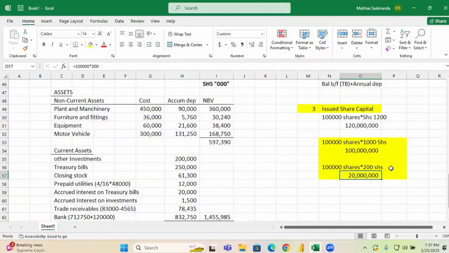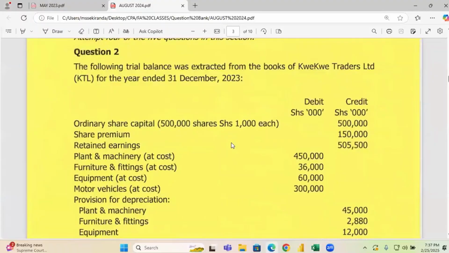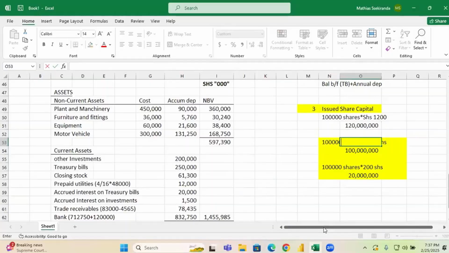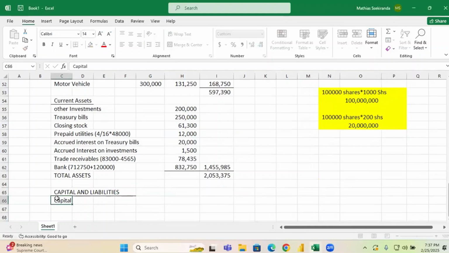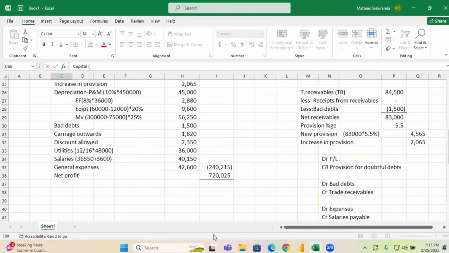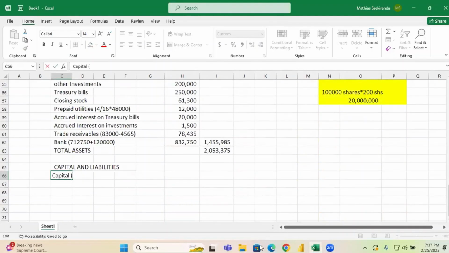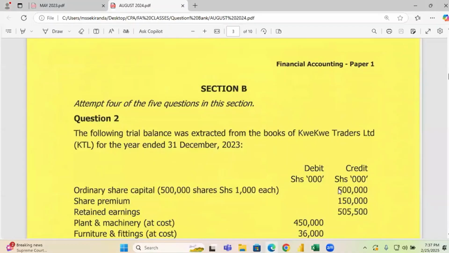The premium, you get it by getting the amount that is beyond the nominal value, because the nominal value is 1,000. This was given in the trial balance, 1,000 per share. So you just multiply it by the number of shares sold. Then the balance, which is 200, is the premium. So when I go to capital, I'll first get the figure that was given in the trial balance, which is 500,000.